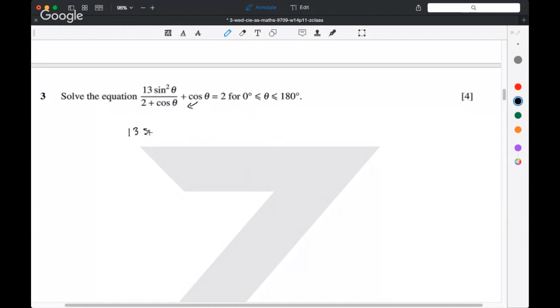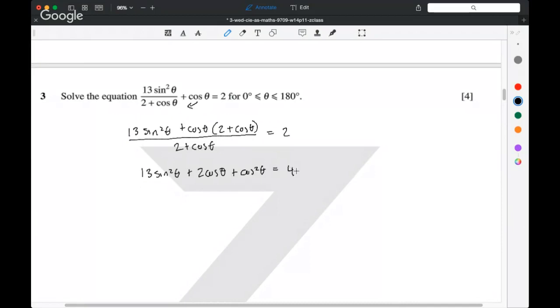So I go 13 sine squared theta plus cosine theta times the denominator, 2 plus cosine theta, all over 2 plus cosine theta is equal to 2. Now I'm going to multiply both sides by 2 plus cosine theta. So I get 13 sine squared theta plus 2 cosine theta plus cosine squared theta is equal to 4 plus 2 cosine theta.